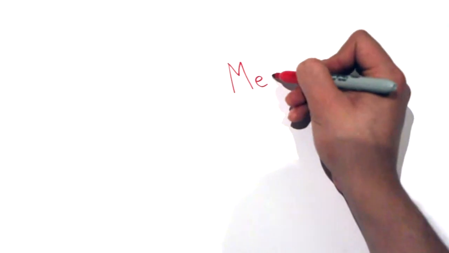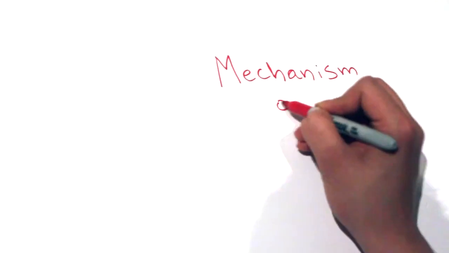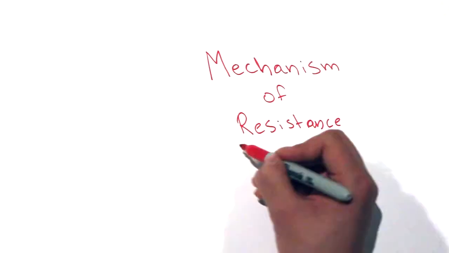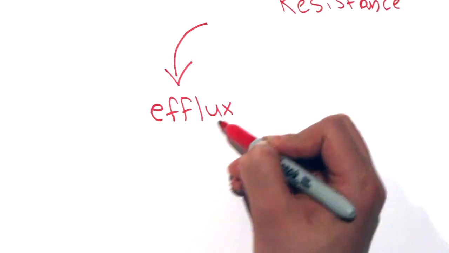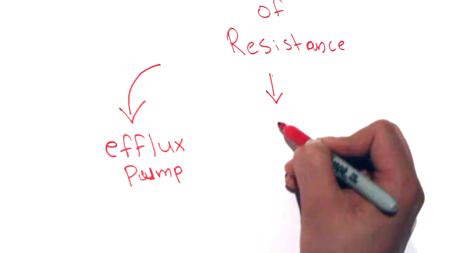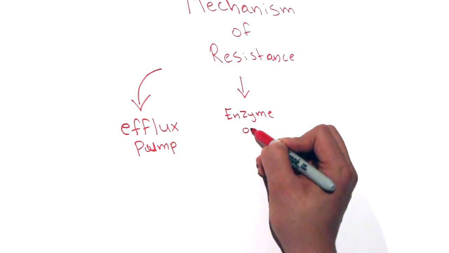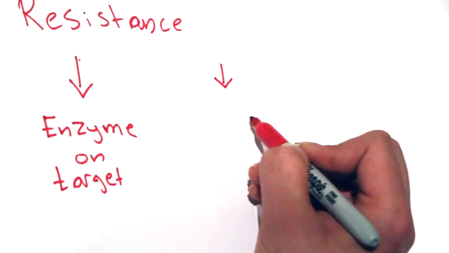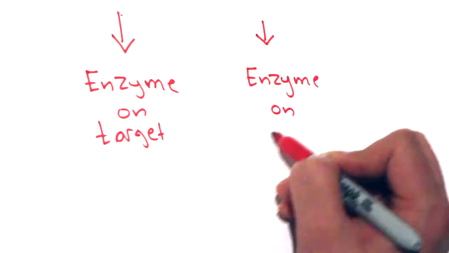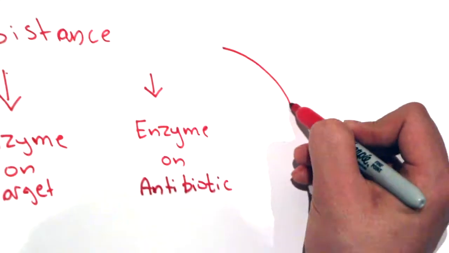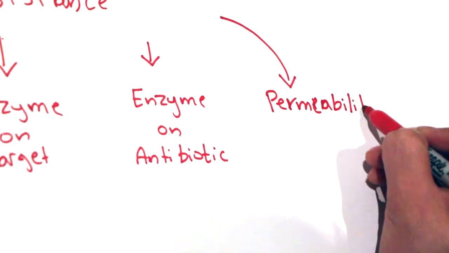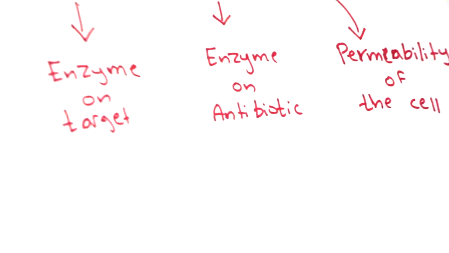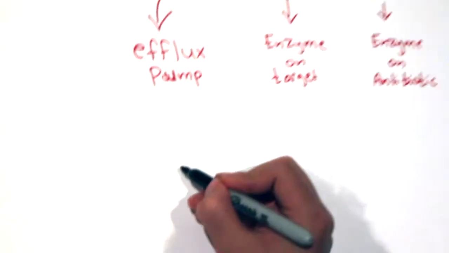The 4 main mechanisms of resistance are the usage of efflux protein pumps to eject the antibiotics from inside the cell, the synthesis of bacterial enzymes that modify the target of the antibiotic, the synthesis of bacterial enzymes that modify the antibiotics themselves, and the mutation of outer membrane proteins that allow the entry of the molecules into the cell. This will affect the permeability of the cell and prevent the antibiotics from entering the cell.